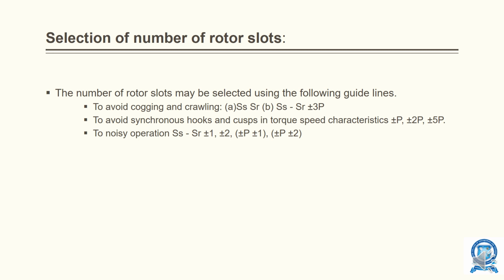To avoid synchronous hooks and cusps in torque-speed characteristics, plus or minus P, plus or minus 2P, plus or minus 5P are avoided. To avoid noisy operation, stator slots minus rotor slots should not be plus or minus 1, plus or minus 2, plus or minus P plus or minus 1, plus or minus P plus or minus 2. These slot numbers are chosen.